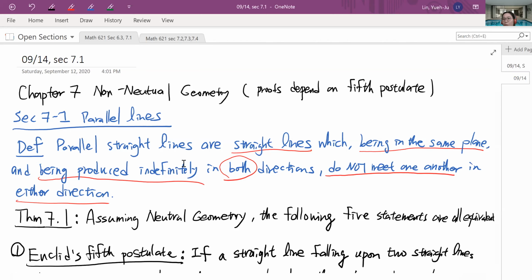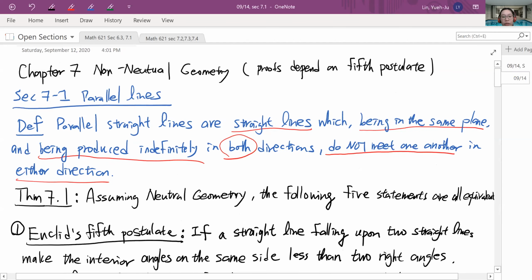I was planning to do that, but at the last minute I realized that not everyone has a proper touch screen, and it's very hard to write and show it to everyone on Zoom without proper equipment. So I abandoned this idea. I'm going to do it myself, but this will probably take a little bit longer.